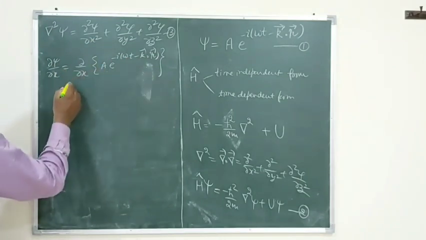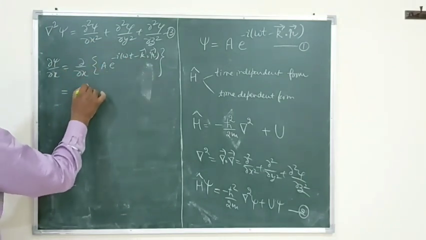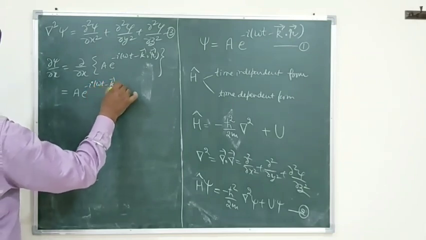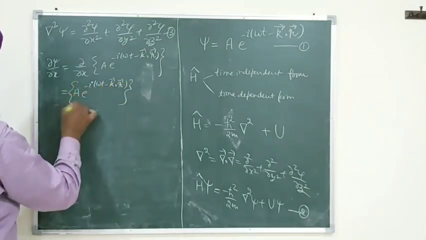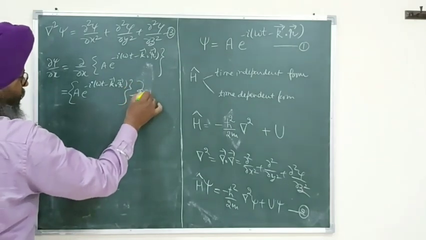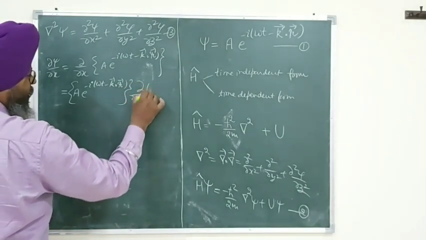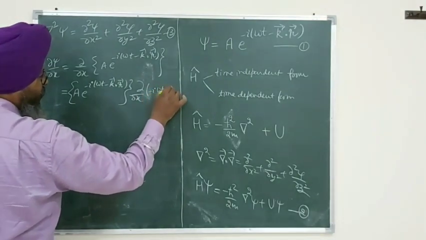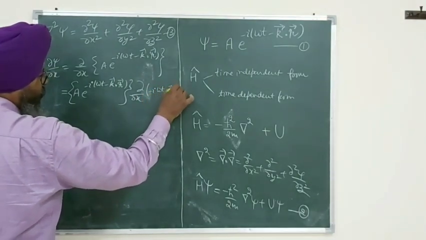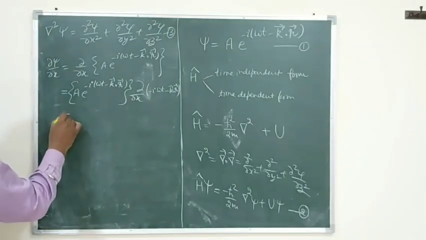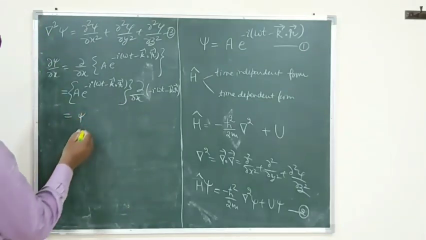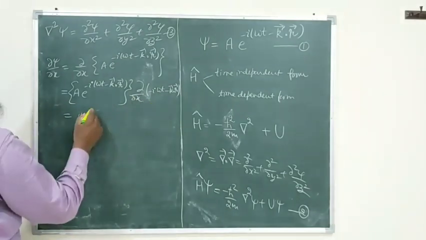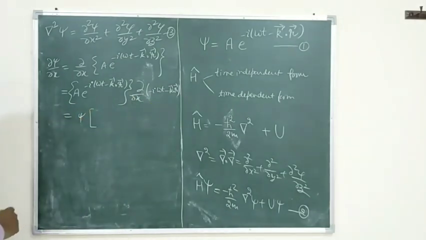Now if I take its derivative, it will be a e raised to power minus iota omega t minus k dot r itself, and the derivative of the argument, that is minus iota omega t minus k dot r. Now look, this quantity is psi itself, so I will write it psi itself, and this quantity, let me write it in a square bracket here.